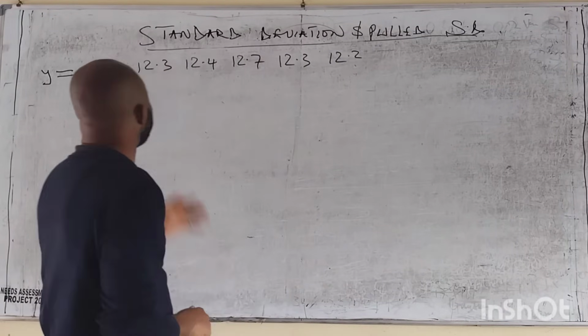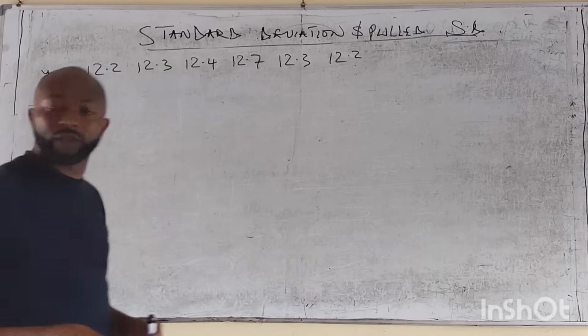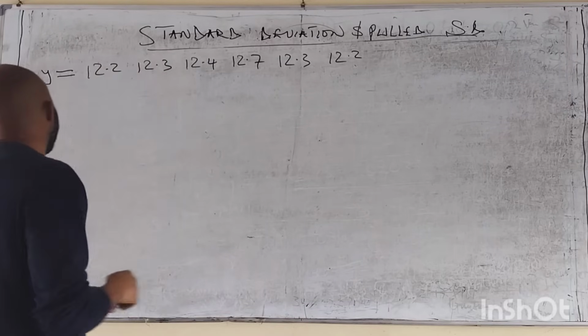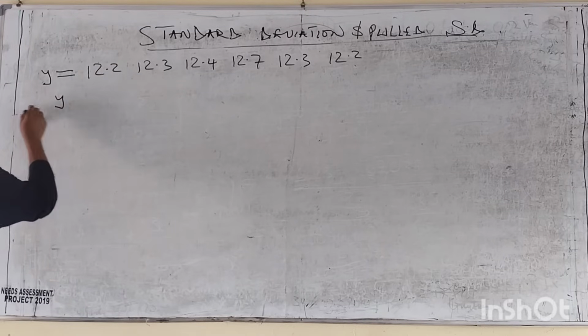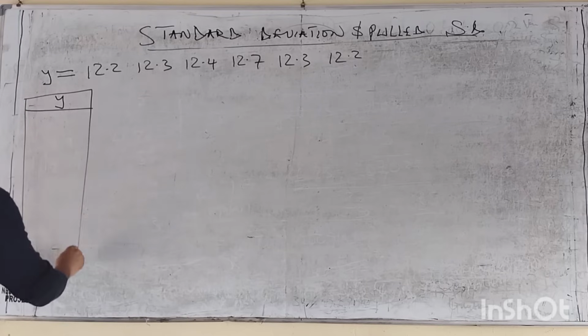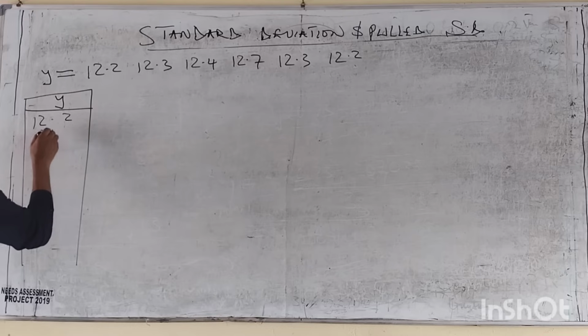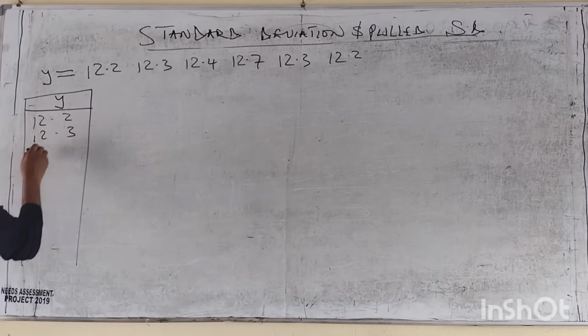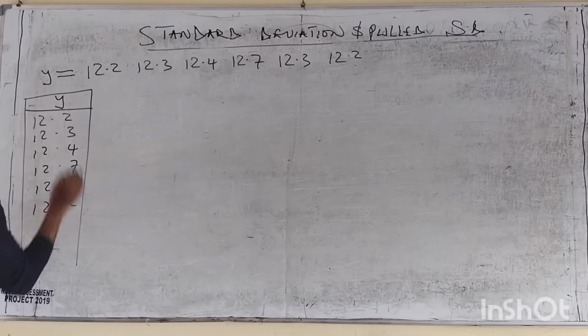Alright, so we are asked to find our standard deviation from there. So let's see what we get. First, this is our y, which is 12.2, 12.3, 12.4, 12.7, 12.3, 12.2.